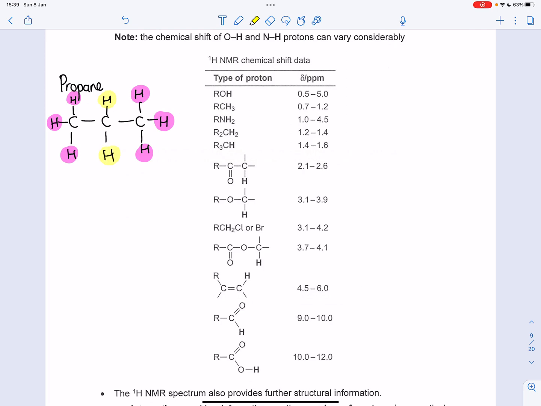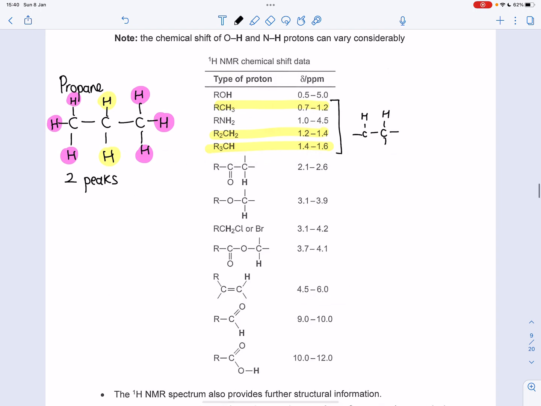So we would expect, we've got 2 different colours of highlight in here, we'd expect to see 2 peaks. And where would we expect to see them? So they're all of a type where carbons are just attached to other carbons. I think the data sheet's a little bit overcomplicated here. If you just think of any hydrogen on a plain carbon chain as coming anywhere in the region of between like 0.7 to 1.6, then you're going to be okay.